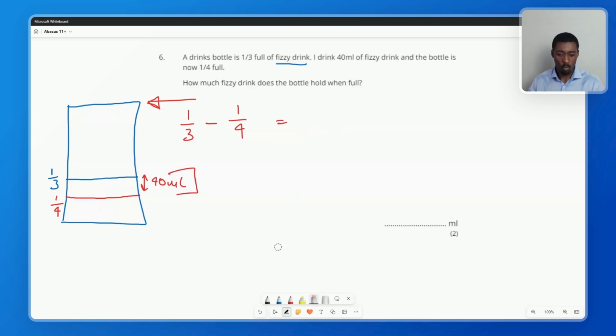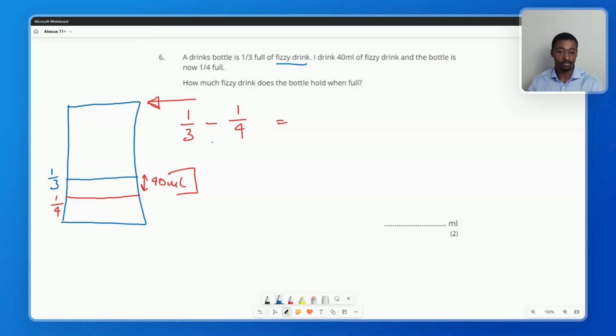We start by working out what this difference is. Can we actually work out the difference in terms of a fraction between a third over here and a quarter over here? What is that number in fraction form? Well, to do that, we need to know how to subtract fractions. So we have a third minus a quarter. So here it's all about the common denominator.